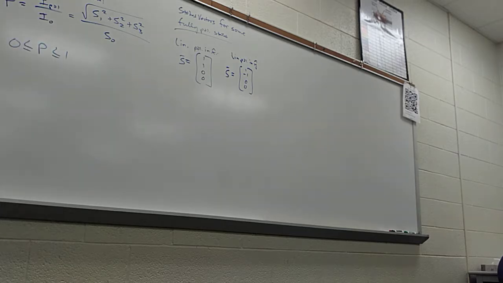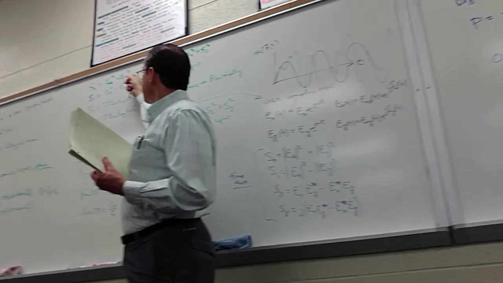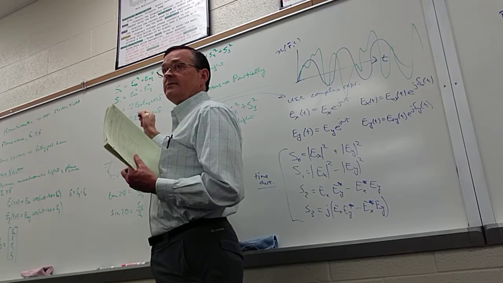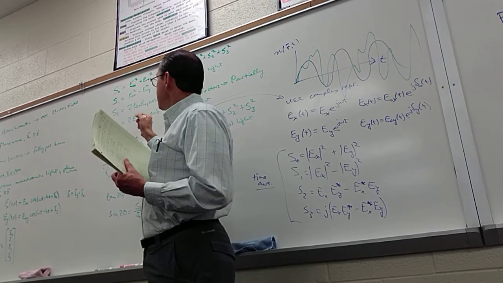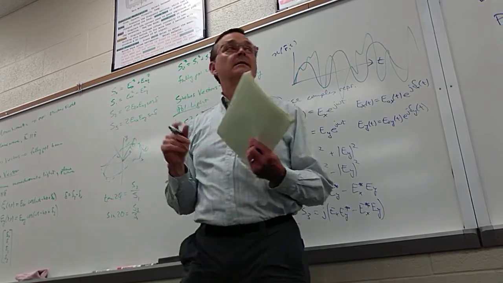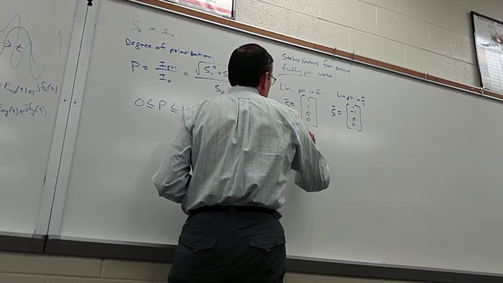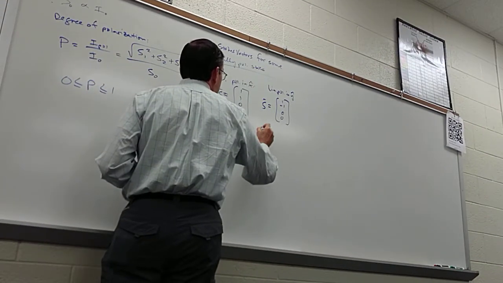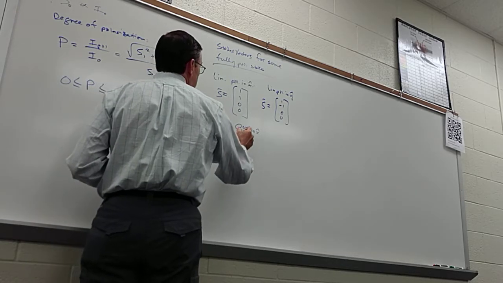And you can go back to the monochromatic case for fully polarized Stokes vectors and see how that works out, and see that this is 1, this is 1, this is 0, this is 0 when you have linear polarization in x, etc. And then linear polarization at 45 degrees to x hat, that's equal to S equals 1, 0, 1, 0.